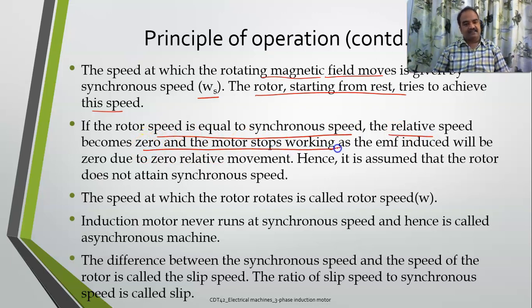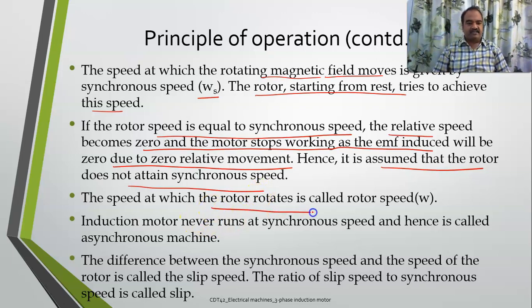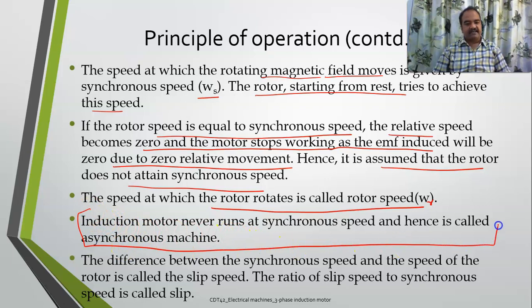As a result, the EMF induced will be 0 and there will be 0 relative movement. So it is assumed that the rotor does not attain synchronous speed. It will always fall behind the synchronous speed. The speed at which it rotates is called the rotor speed. I'll name it omega r. Now try to remember, this induction motor never runs at synchronous speed, and hence it is called an asynchronous motor.